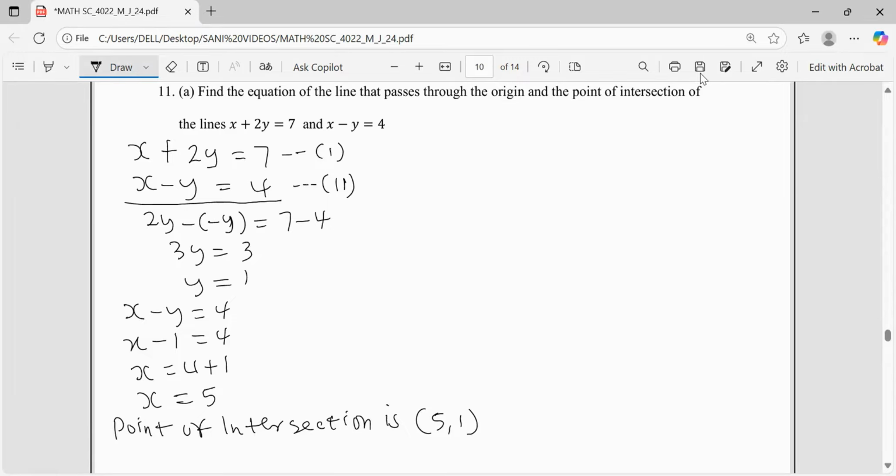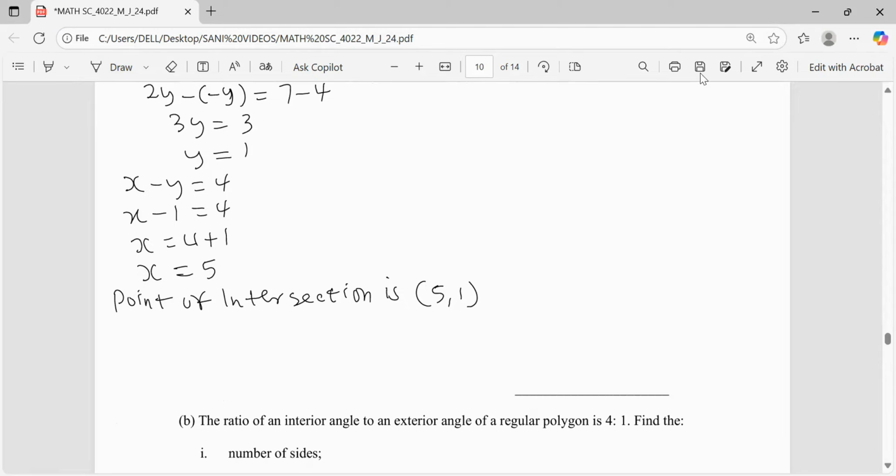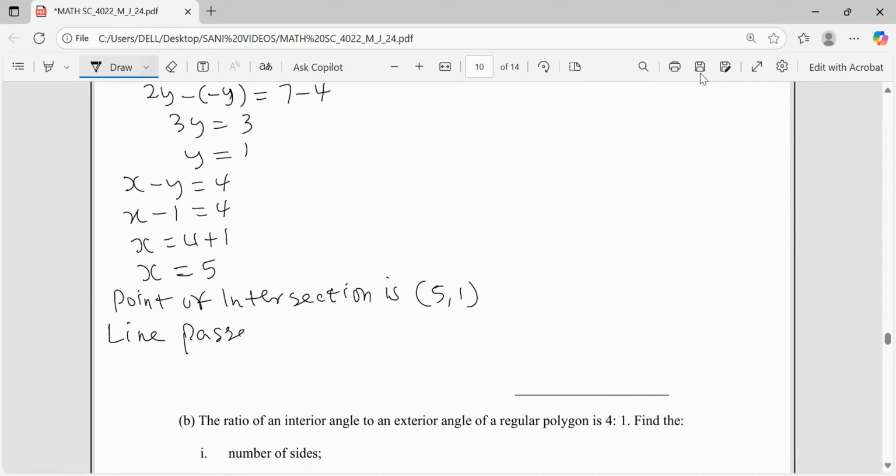The question says find the equation of the line that passes through the origin and the point of intersection. So the line passes through the origin, 0, 0, and 5, 1.